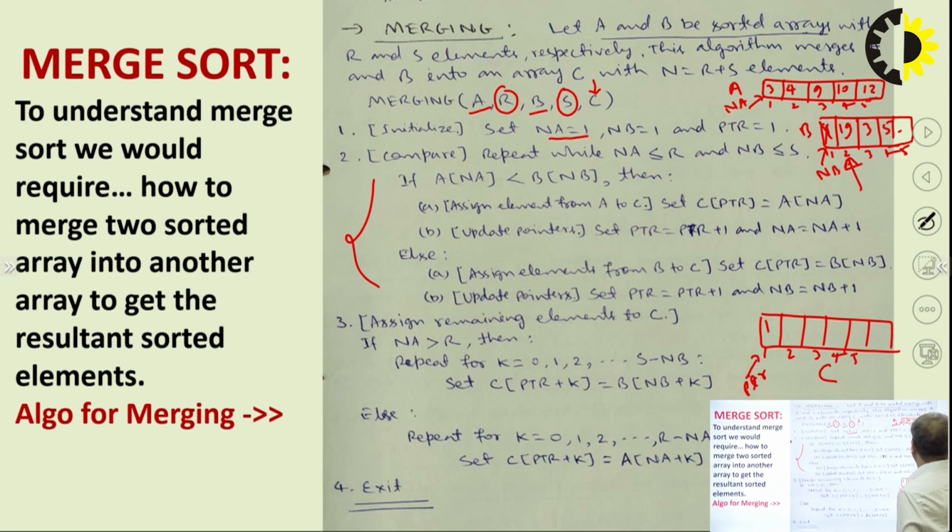Now if the list exhausts, for example if NA is greater than say 5, means number of element in A, means the remaining element will be in B. This will be simply appended into this resultant array. So for that, what is the algorithm?